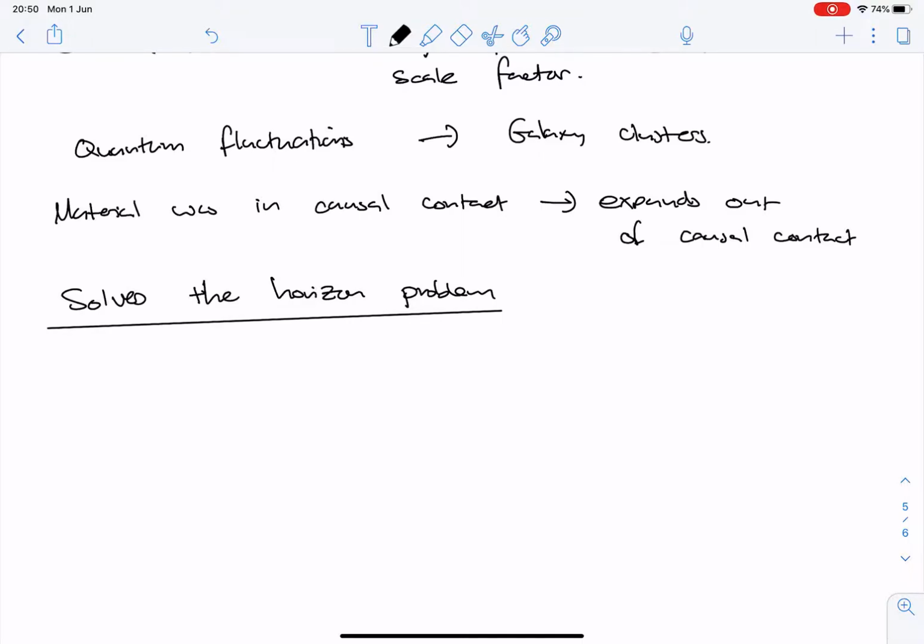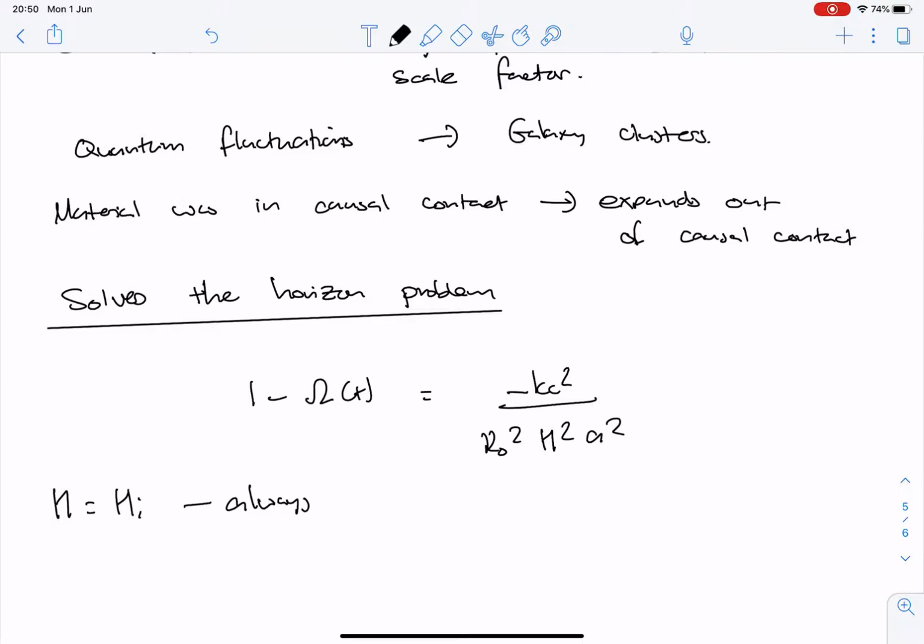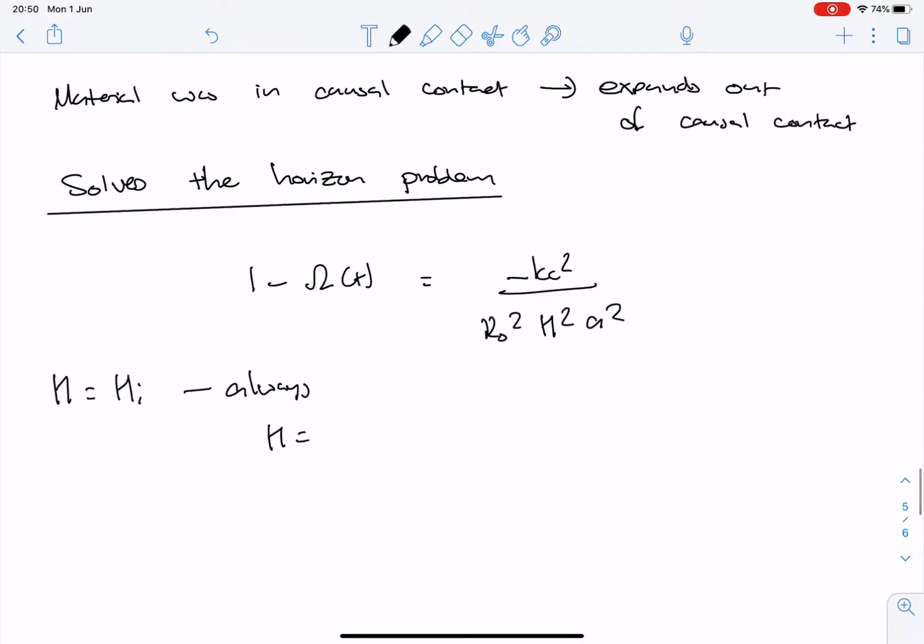What now about the flatness problem? Well, we've got our equation that we derived earlier, 1 minus omega t equals minus k c squared over r naught squared H squared a squared. Here, H equals H_I always. Remember, H is just a dot over a.